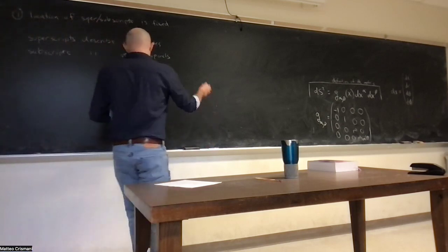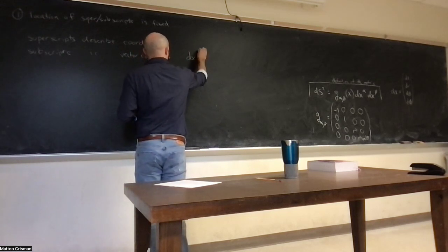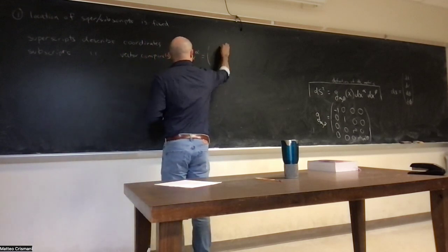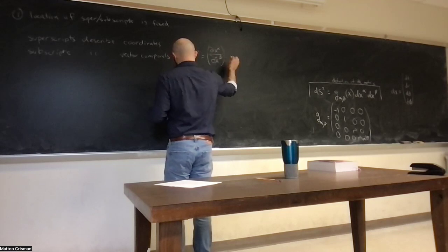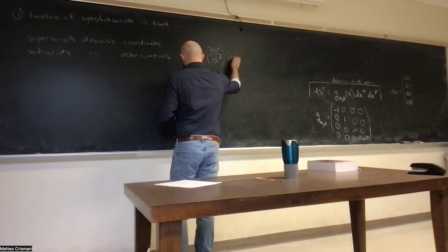So let me give you an example. Here is dx^a, which we're going to define as the partial of x^a with respect to the partial of x^b', with a little bar on it, times the partial of x.